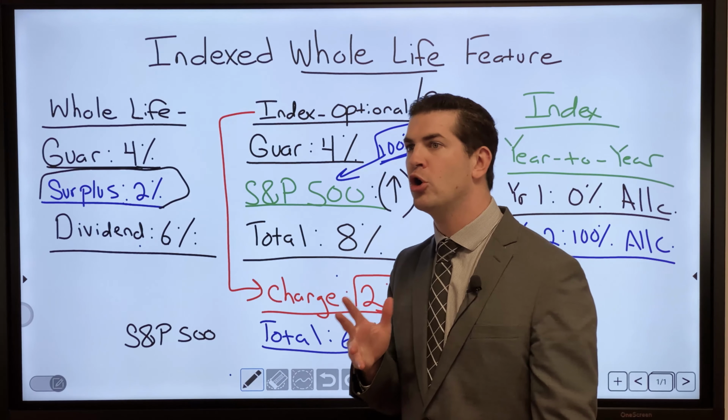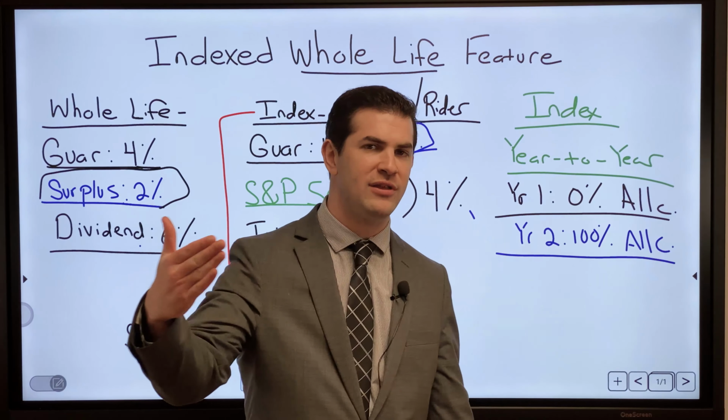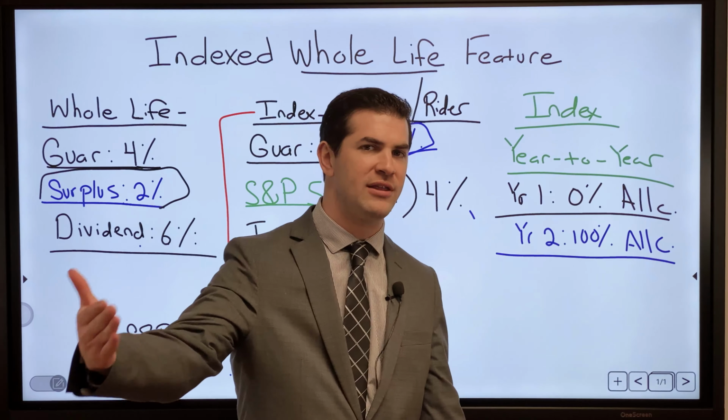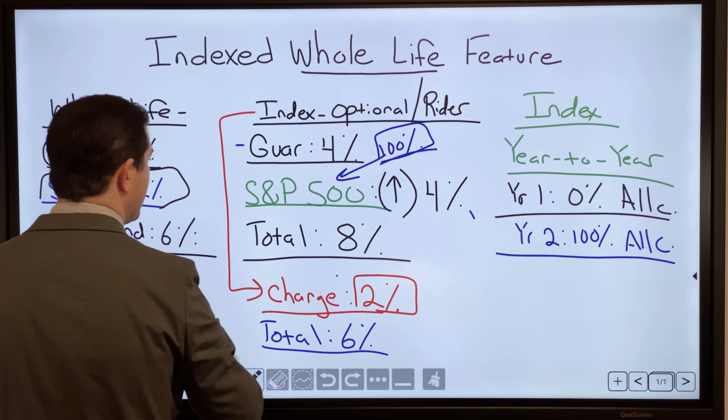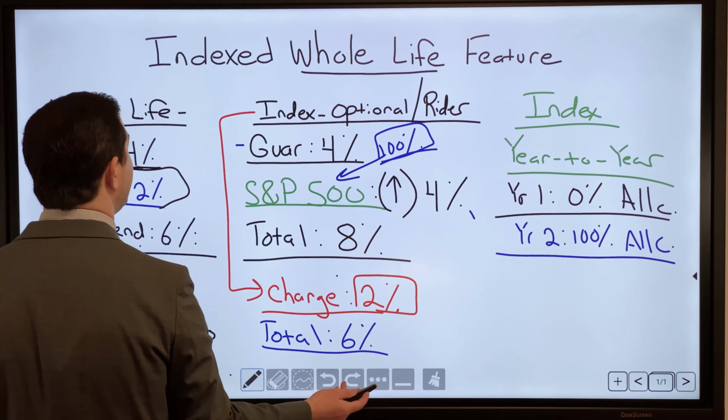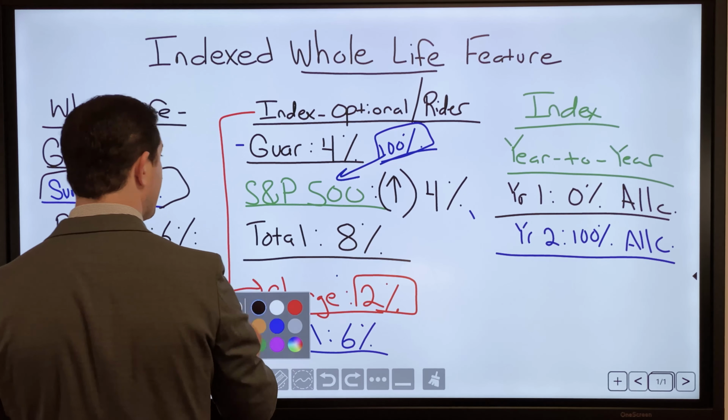So where that can hurt us is if we tie everything to the index strategy and the market tanks, well, what are we left with? We have the guaranteed rate of 4% minus the charge. That leaves us with a net guarantee of 2%. That's where it can potentially hurt us. That is the major drawback.